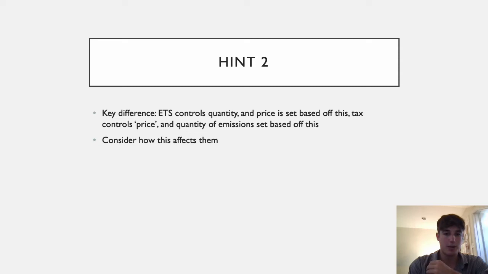It's almost like a monopolist either decides price or quantity, right? Whereas by comparison, a tax controls price, and then the quantity of emissions is set based off this. Now, that's an important difference. So just have a quick think about how that's going to affect outcomes.